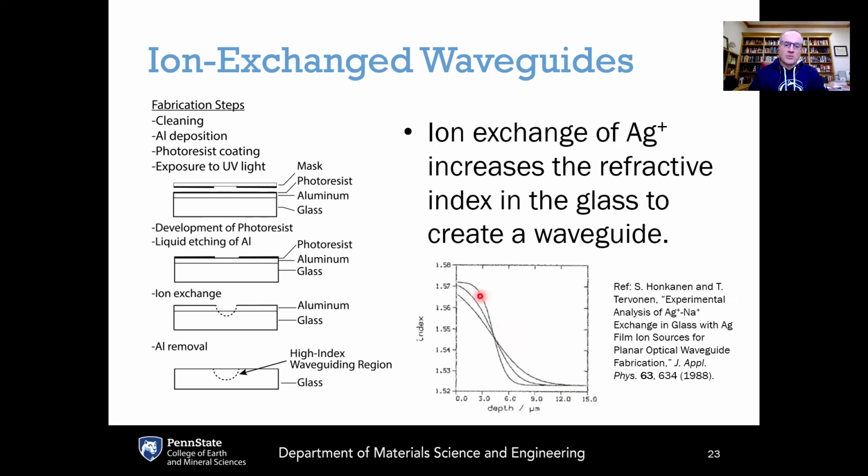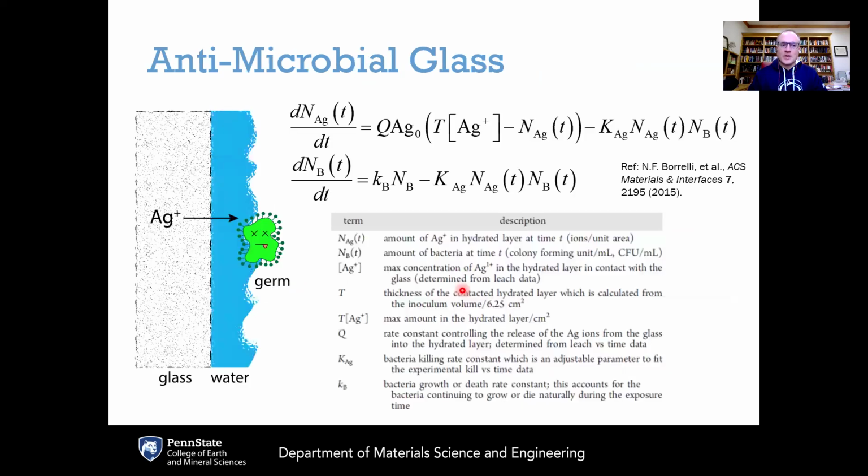And so if you have regions that are locally higher in refractive index, that can lead to total internal reflection of an optical signal. So the optical signal can travel along these channels of higher refractive index where the silver has been ion exchanged into the glass.